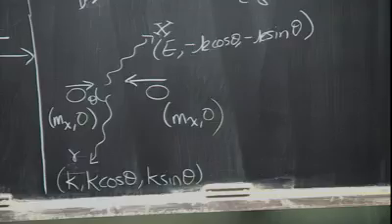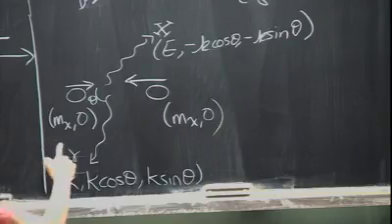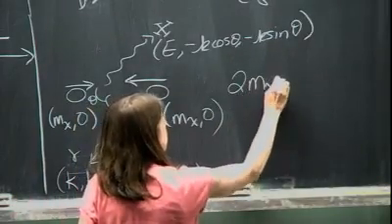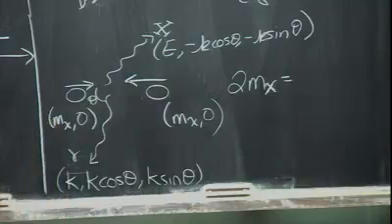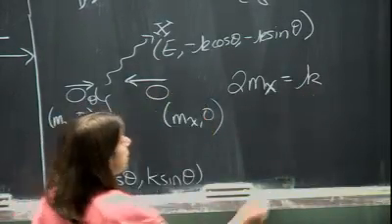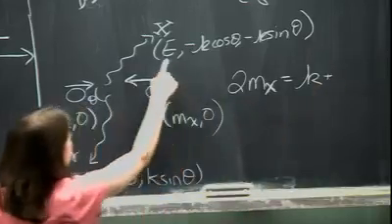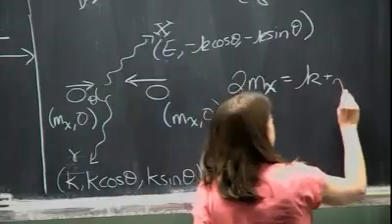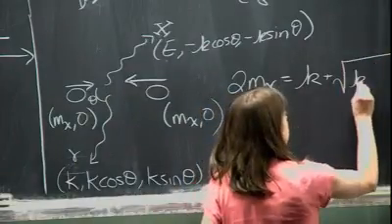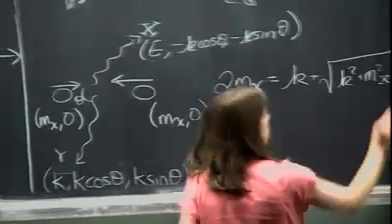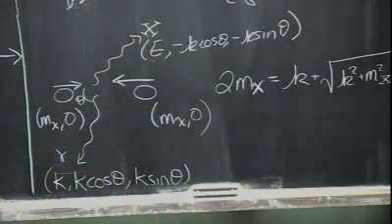And if we just demand energy conservation, then we find that twice the mass of the dark matter is equal to the energy of the photon plus the energy of the other particle that's being emitted, which is just going to be the square root of k squared plus the mass of the other particle squared.